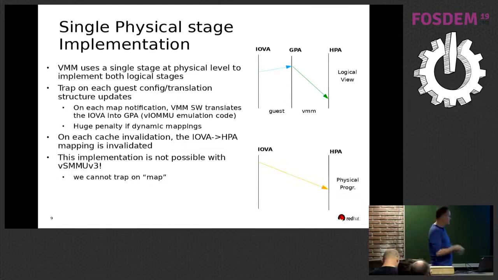Okay. Then the virtual machine monitor is able to associate the output of this translation to the host physical address that backs the memory. And it combines the two translations in one and programs the physical IOMMU. And this is actually the mapping that is programmed at the physical level, which is at the bottom. And so this is what happens on the mapping.